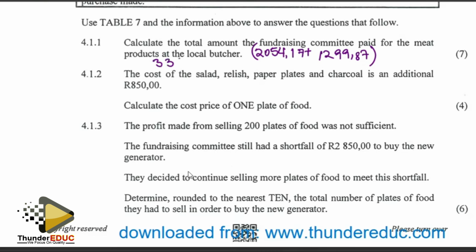Apply a discount. They are talking of 15% discount. So we multiply, so 15% goes off, remain with 85. So times 85. So this is it. They got the answers.